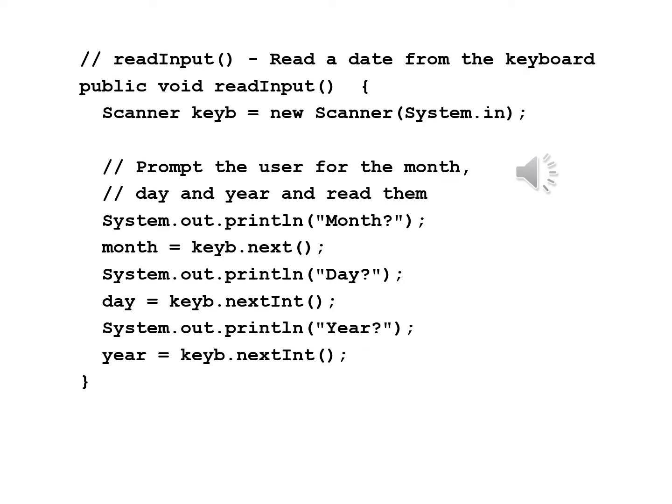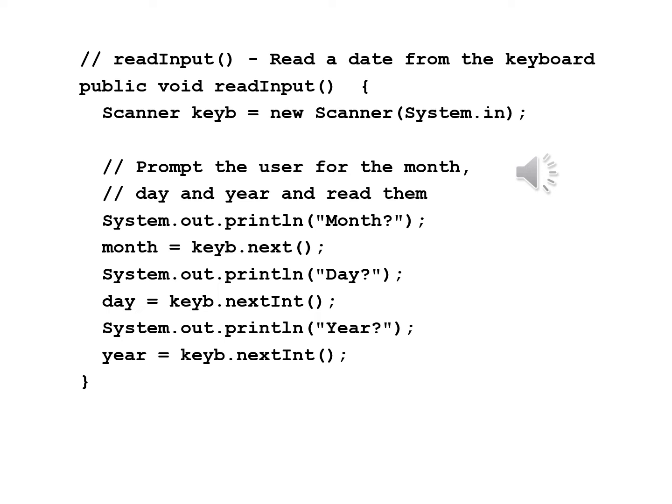Our next method is readInput, with a comment, read a date from the keyboard. Public void readInput, open close parenthesis, open brace. We have to set up a scanner object, Scanner keyboard equals new Scanner, open parenthesis, System.in, close parenthesis, semicolon. And now another comment that we're going to prompt the user for the month, day, and year, and then read them.